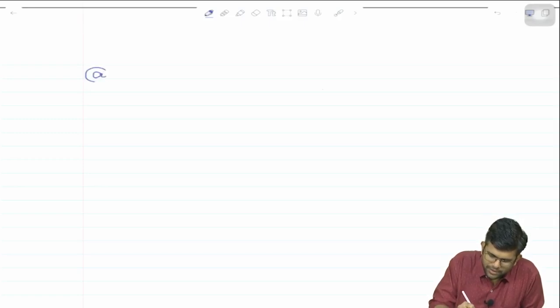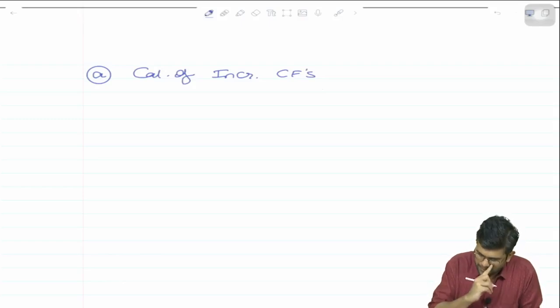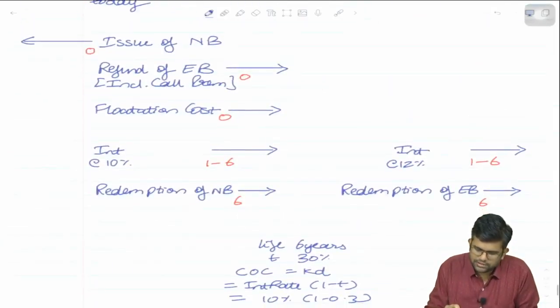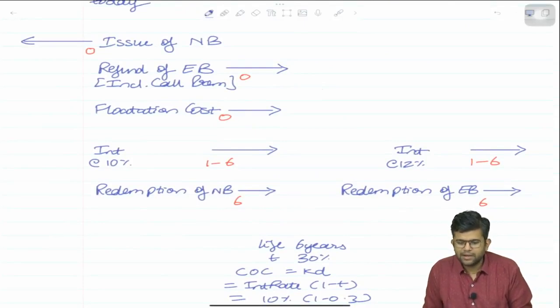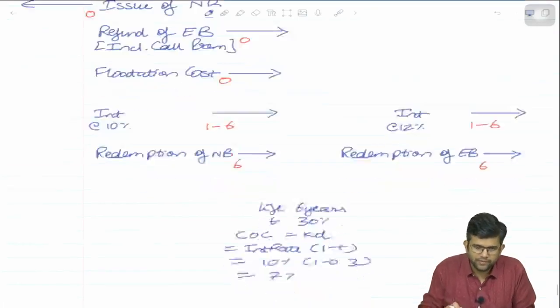Point number A: calculation of incremental cash flows. I will again break the whole thing into 3 parts. Something at year 0, something for years 1 to 6, and something at the end of the 6th year. Everybody clear? So 3 parts we will break it up.